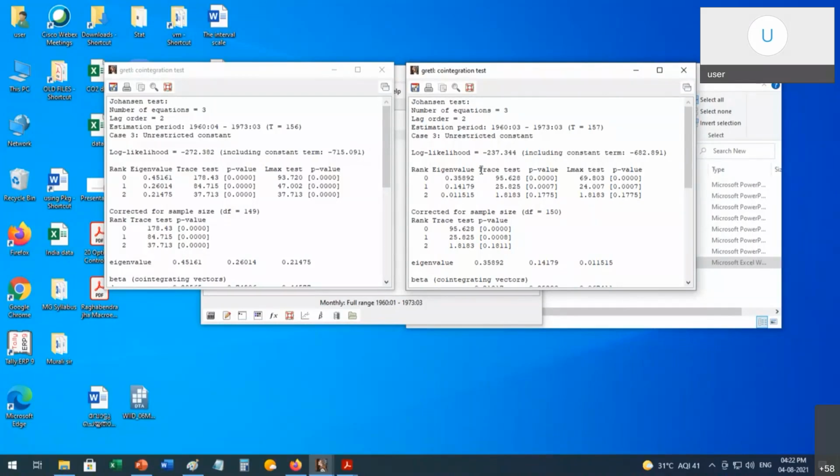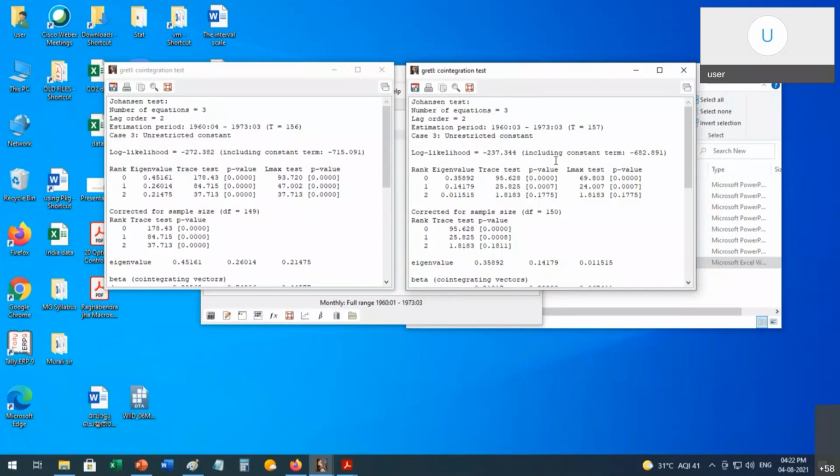So if we have 3 variables, for example, the first equation, consumption, will be given in terms of its own past values and the past values of income and consumption. This is different from ARDL. In the ARDL model, we will include the present value of the variable also. That we are not giving. We are giving on the right hand side only the lagged values.